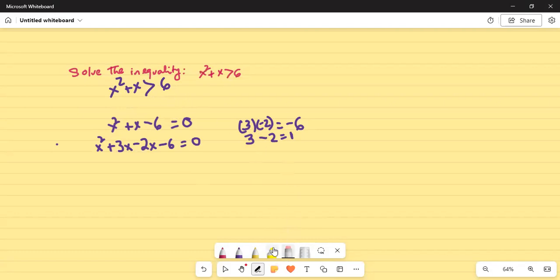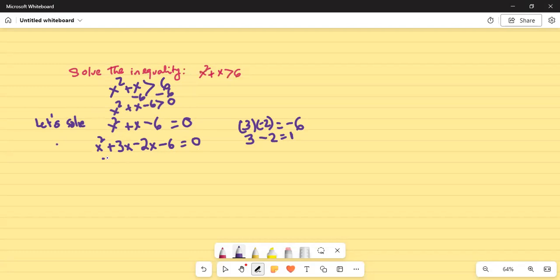What I did was subtract 6 on both sides, and then I would have gotten x squared plus x minus 6 greater than 0. But let's solve this one, from which we will solve the inequality x squared plus x minus 6 greater than 0.